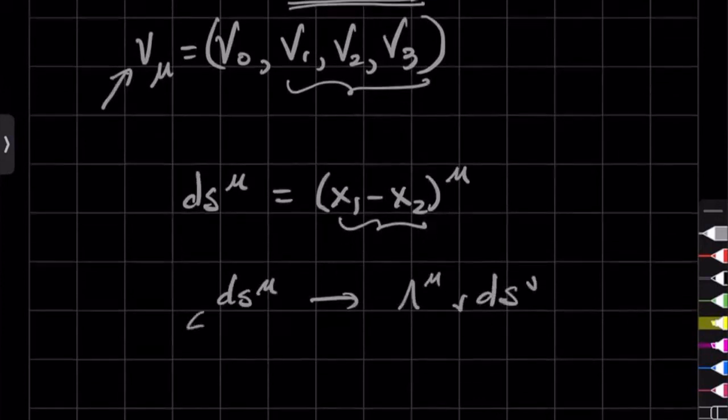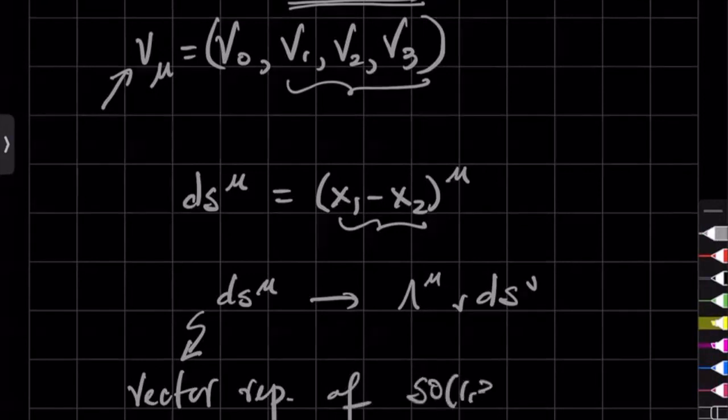And so this is a vector representation of the Lorentz group SO(1,3). Okay, because we see 1 copy of the Lorentz matrix.